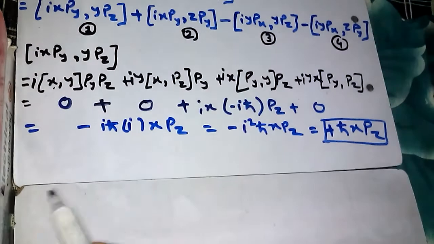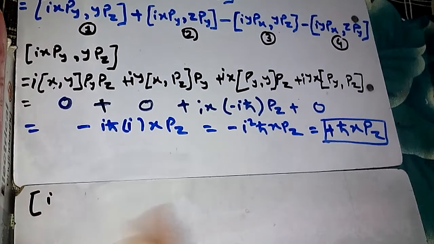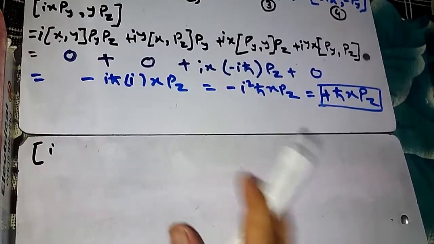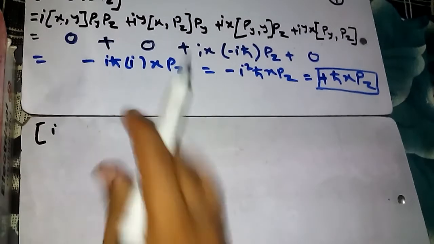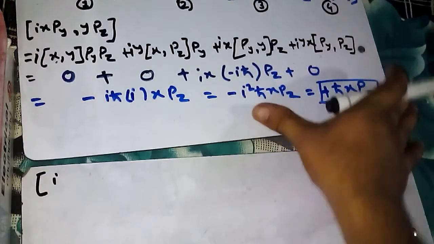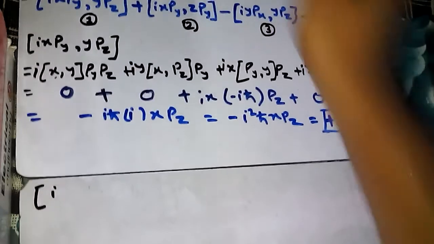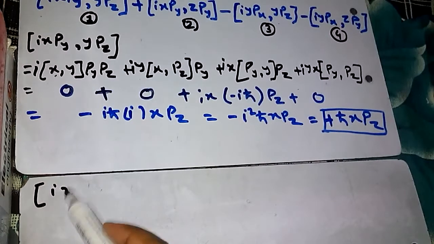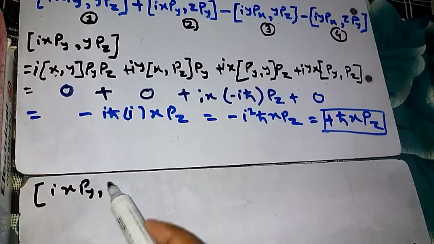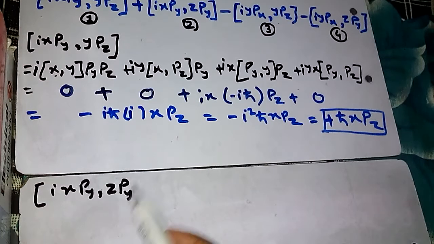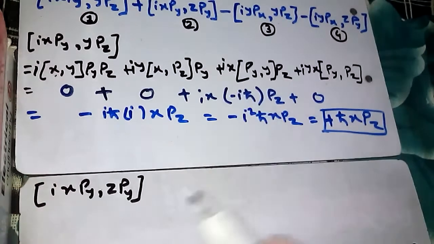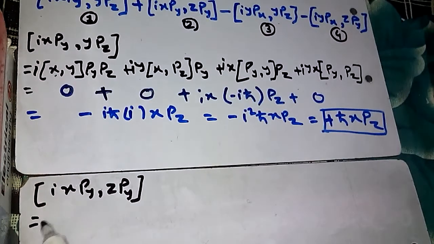So first of all we will write the second term here, i x z py, and we will express it again according to the commutation relation of four operators with respect to multiplication.